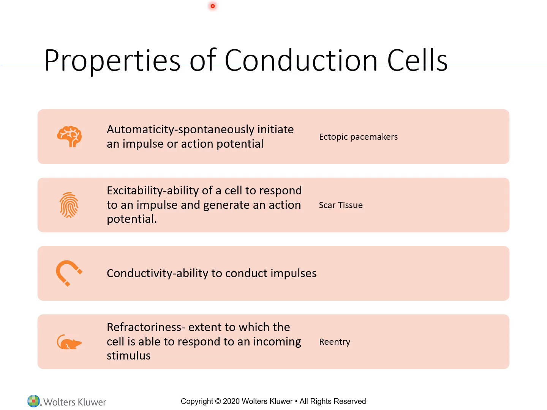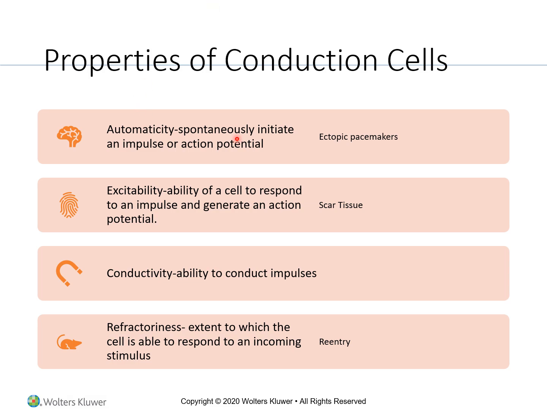They're automaticity, excitability, conductivity, and refractoriness. An alteration in any of these four properties can produce arrhythmias or conduction defects through the heart. And so remember, arrhythmias are problems of rhythm, and conduction defects are problems of conduction or movement of that rhythm.